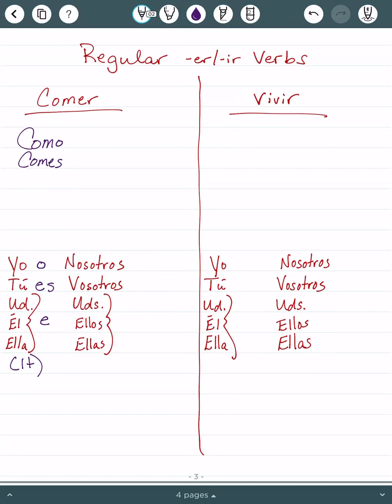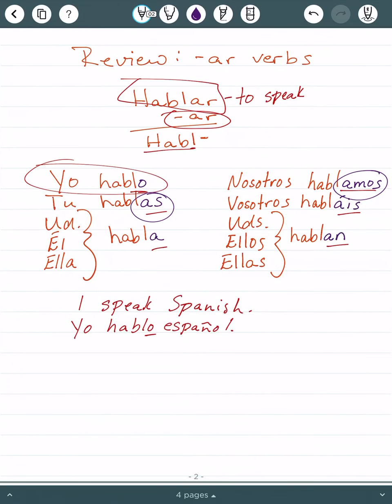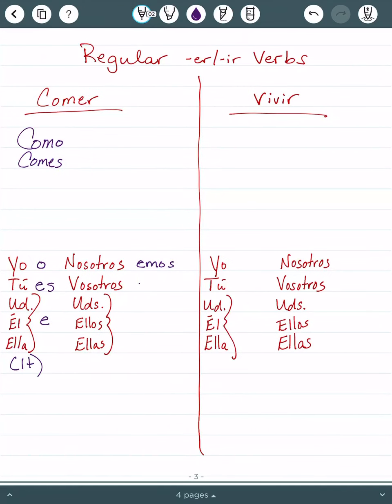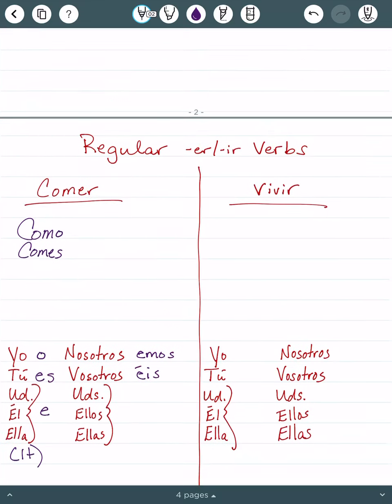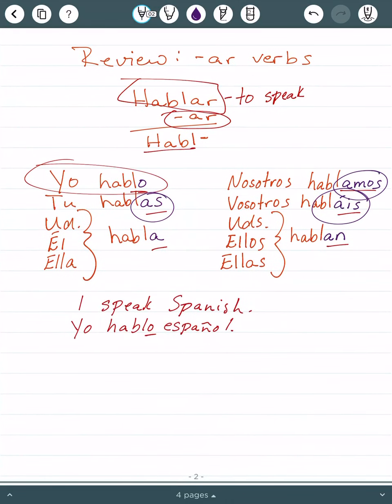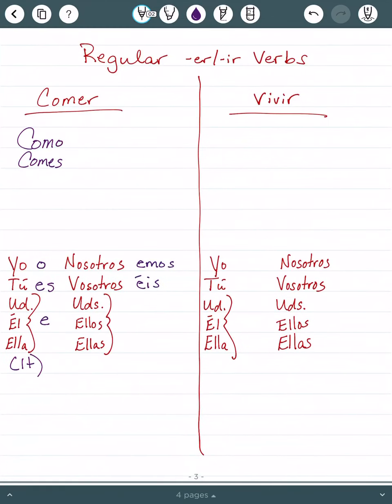For ER verbs, I bet you can guess, it's emos with an E. Vosotros, I think you can guess, AIS, áis. For ERs, éis with an E, EIS. And then I'd say you can figure out this last one. Ustedes, ellos, and ellas. For AR verbs, it's AN. For ER verbs, it's EN.